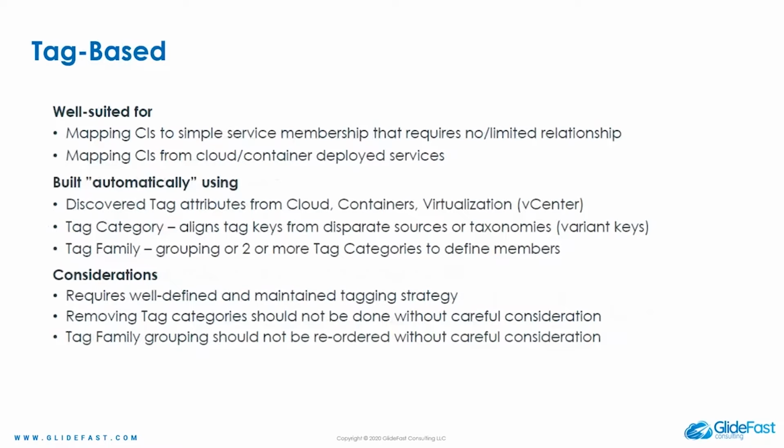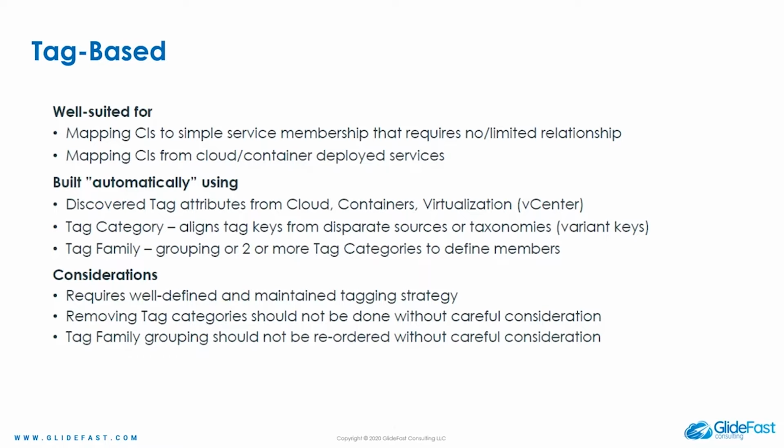Moving on to tag-based. This maps CIs to simple service membership that requires no or limited relationships. This also requires the cloud to be discovered, and tags to be discovered as part of that cloud discovery. The way tag-based works is that as you're getting all those tags from discovery, you can categorize them and make sure you have some alignment between the tags, because sometimes you have, let's say, app name as a tag, and then you have application name.